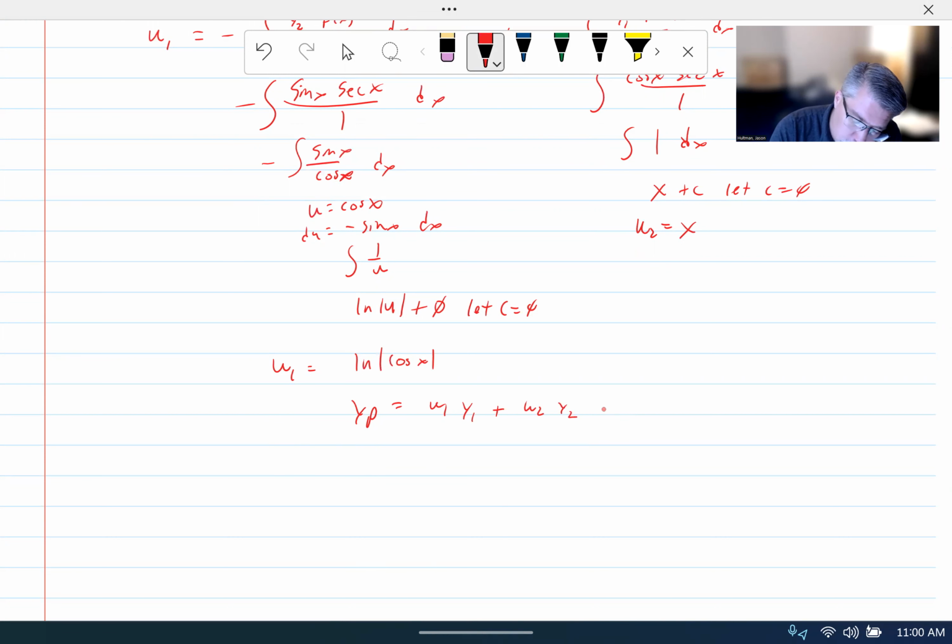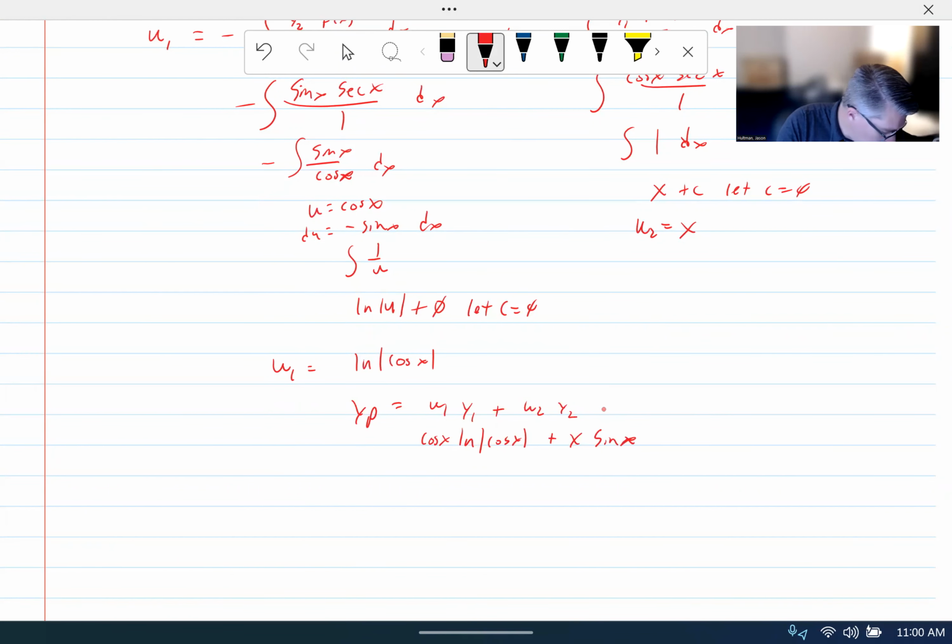Okay, so y1 is cosine x, so this is going to be cosine x ln absolute value cosine x. u2 is x, and that's times y2, which is sine x.